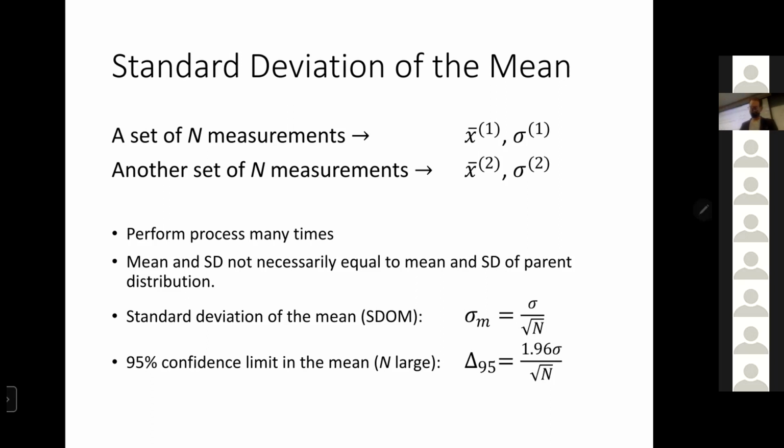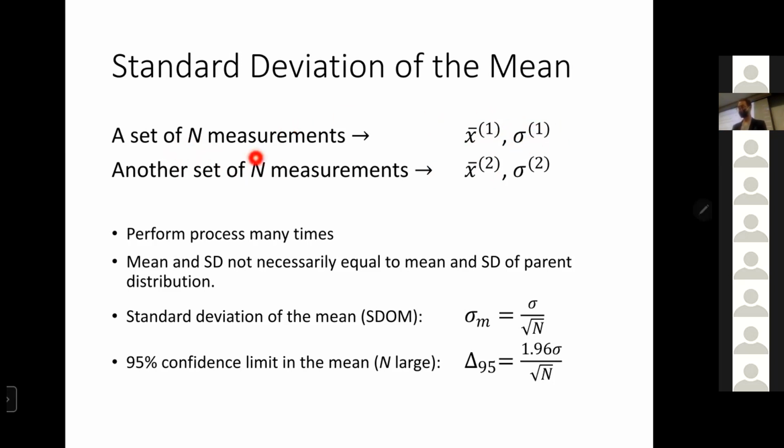Okay, so we've talked about the standard deviation for individual measurements. Each individual measurement is expected to disagree with the average measurement by approximately plus or minus a standard deviation, something like that. But what if you take a set of n measurements and determine the average? Say you come to lab one day, take a set of n measurements, and calculate an average and a standard deviation from that first data set.